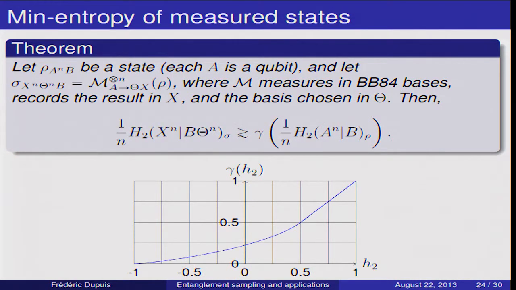And here's what we get out of this. So here, this is the two entropy of the output. x is the measurement result, theta is the basis choice, and this is the two entropy that was before the measurement. So this is the quantum state before the measurement, and this is some extra system. And we get this sort of thing here.